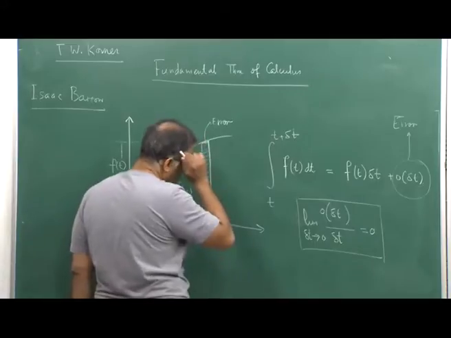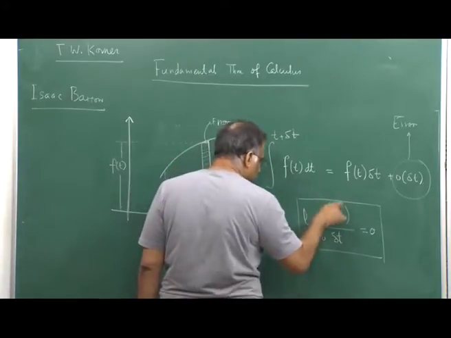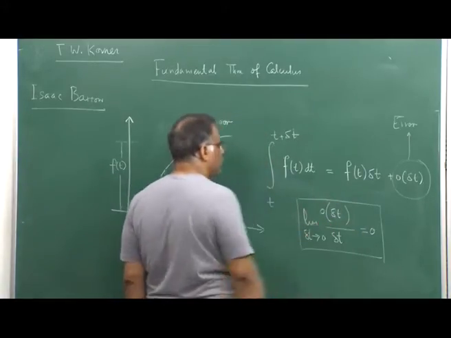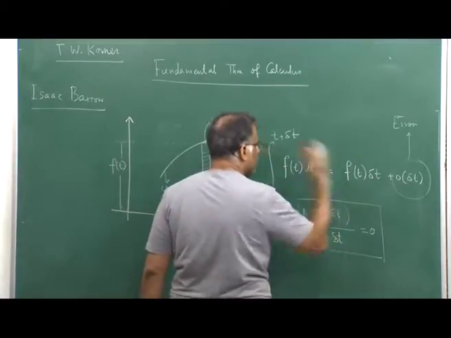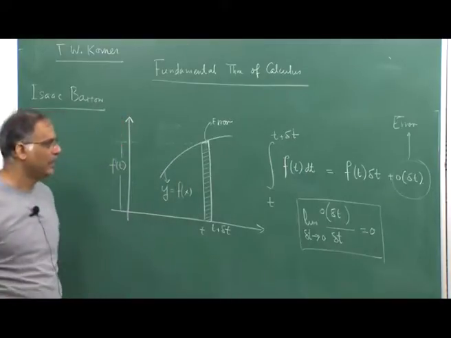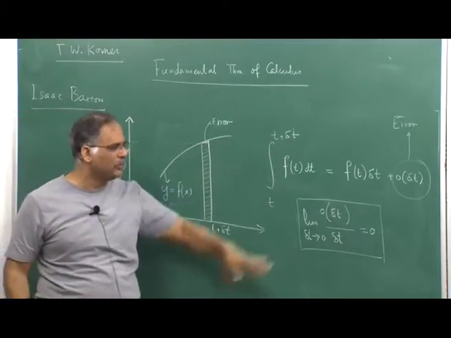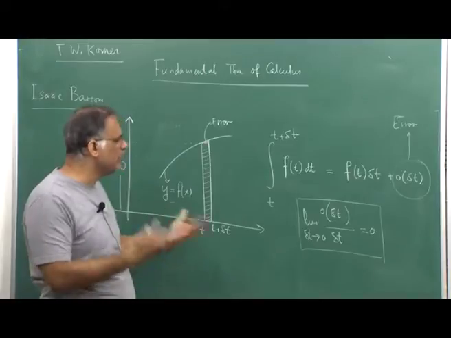So here because this goes to 0 faster, the limit should be 0. That is exactly the meaning of this error. The error should vanish very fast as delta t moves to 0, and then only in the limit will you get what you require.